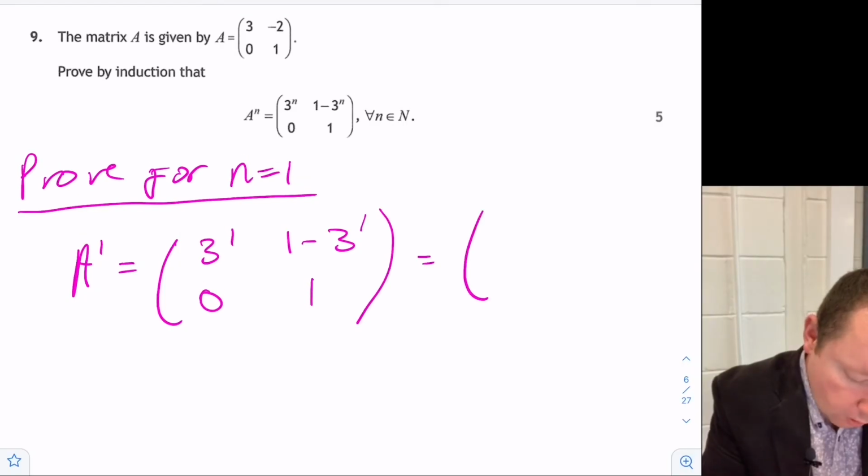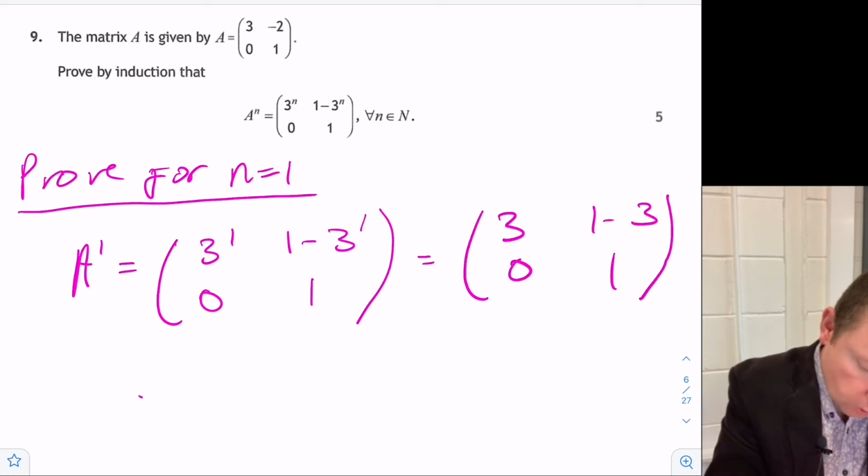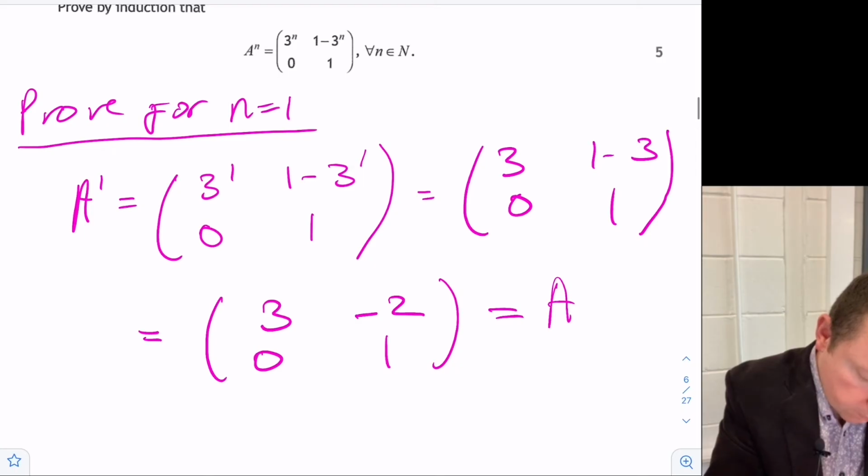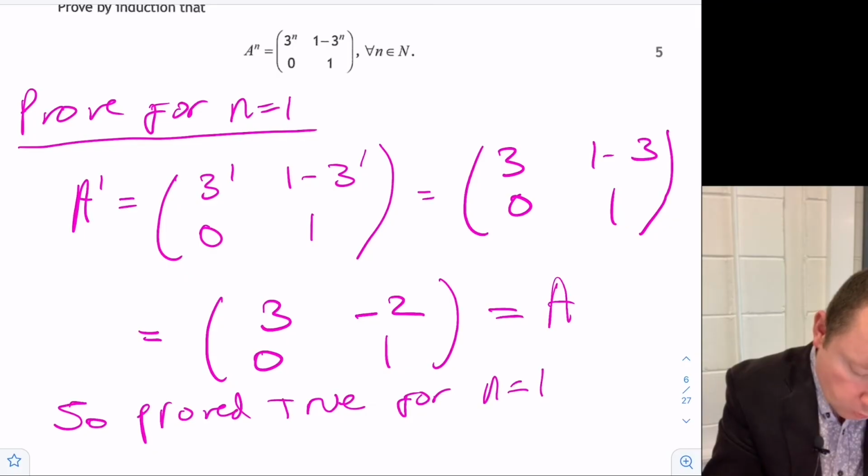So that equals 3, 1 minus 3, 0, 1, which equals 3 minus 2, 0, 1, which we already know equals A. So we've proved true for n equal to 1.